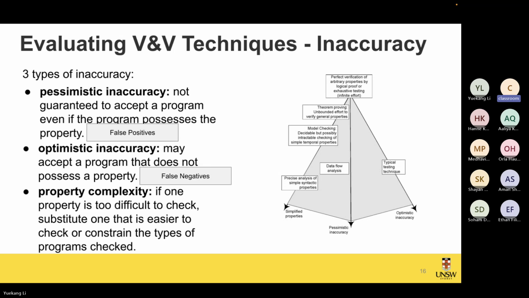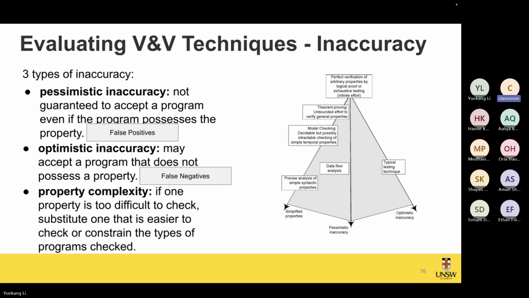Pessimistic is about we report everything suspicious. Optimistic is that we have a set of requirements. As far as these requirements are met, we just say, okay, this software is okay, it's acceptable. So what kind of inaccuracy does testing have?